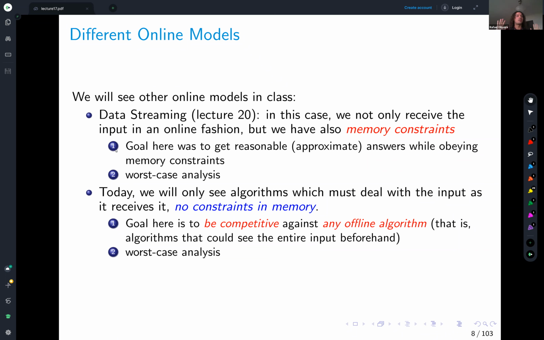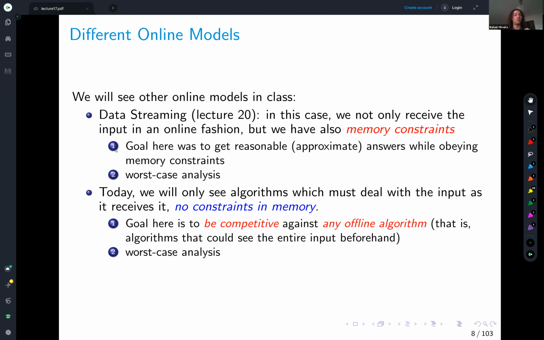But in theory, right now, we're not going to care about that so much, about the running time after every time you receive an input. But you'll see that usually the running time is small. Here we have no constraints in memory or running time. And the goal here is, again, to be competitive against any offline algorithm.